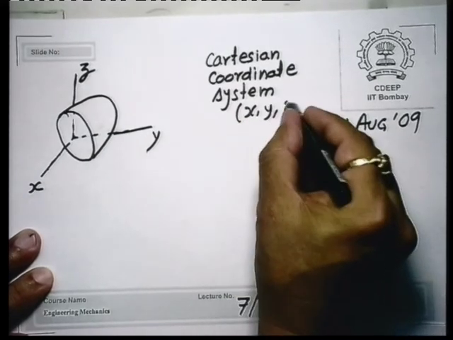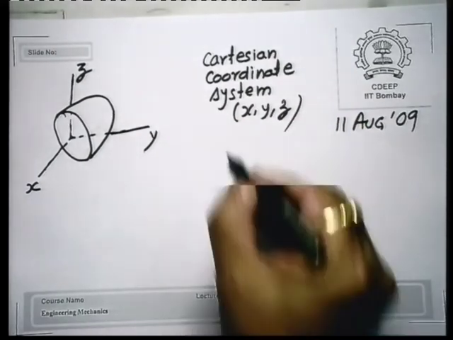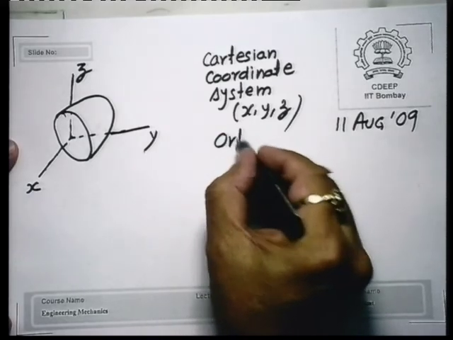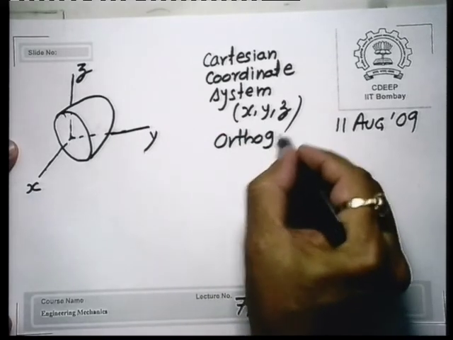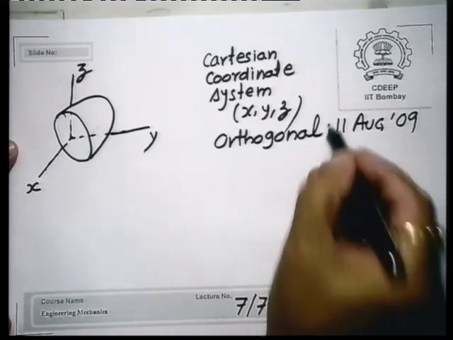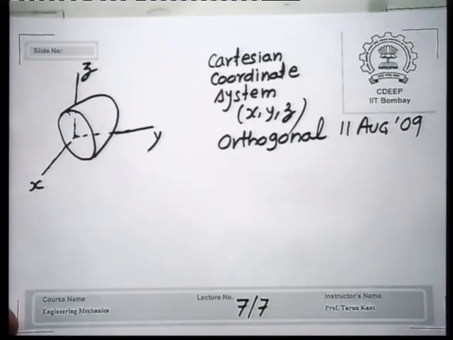x, y, z are orthogonal. This is also orthogonal. It is not that x, y, z can be inclined; they are orthogonal to each other. There are three planes which are cutting, and by the cutting of the three planes we get three axes x, y, z, which are at right angle to each other.